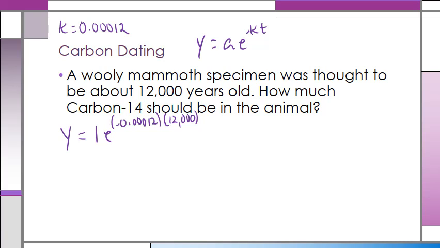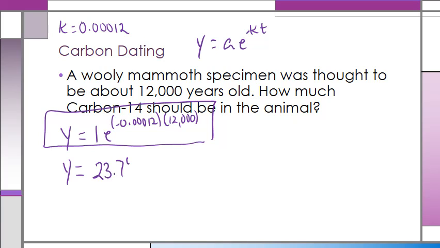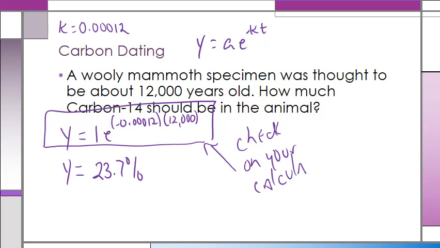And all we really got to do is just put in our calculator e raised to the power of negative 0.00012 times 12,000, and we'll find that y is equal to, and we're going to put it in a percentage and round it to the nearest tenth. I encourage you to put this in your calculator, and we're going to get 23.7%. Check it out. Check on your calculator. Very good.